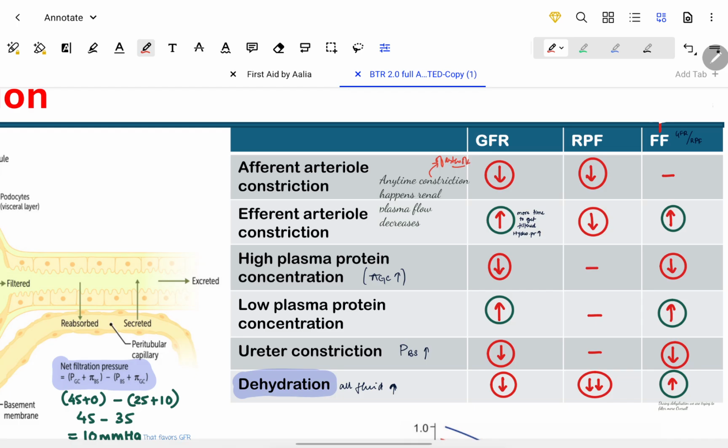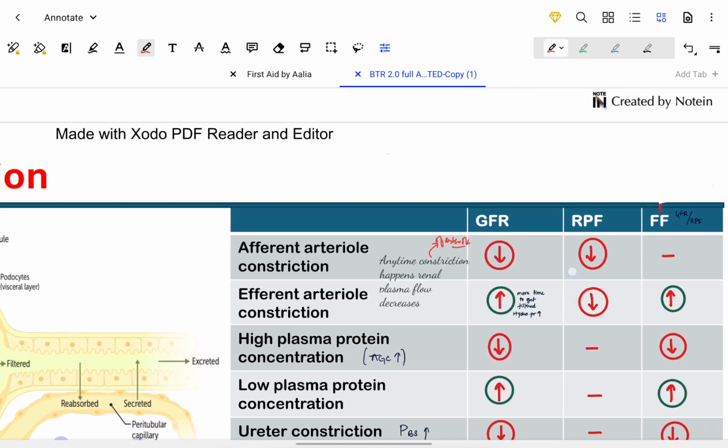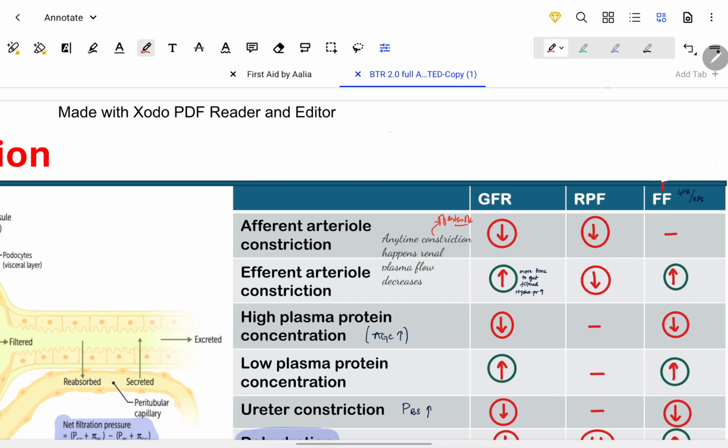No matter what constriction is happening, there is less flow, so renal plasma flow decreases. Now, afferent arteriole is constricting, so renal plasma flow is decreasing definitely, and GFR will decrease in afferent arteriole constriction because you're constricting it. And in efferent, there is more time to get filtered. If there is efferent arteriole constriction, GFR will increase. Now, in case both are decreasing, the filtration fraction, which is GFR upon renal plasma flow, will remain the same. Efferent arteriole constriction will increase the filtration fraction. It's very logical if you think. You don't have to learn everything, you just have to think everything.